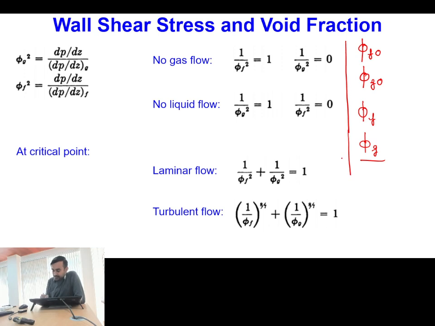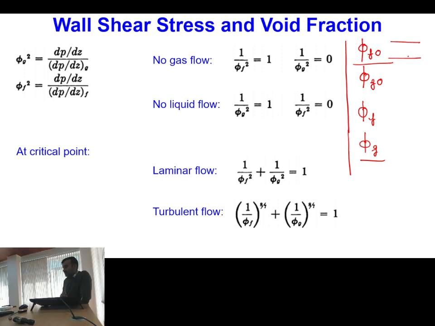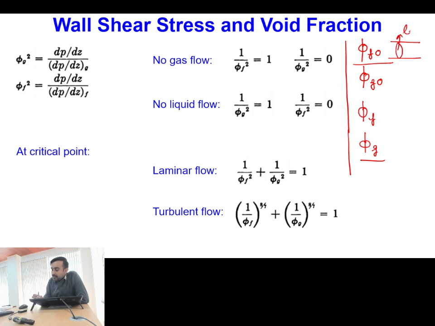In the first case, we are assuming that the entire pipe is filled with only liquid, and this liquid is flowing at the same mass flux as the mass flux of the mixture. Okay, when I am writing phi GO, then I am considering that the same pipe is filled with gas, and this gas is moving at the same mass flux G.